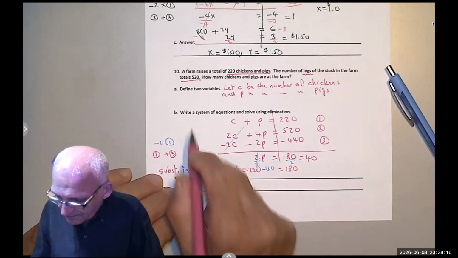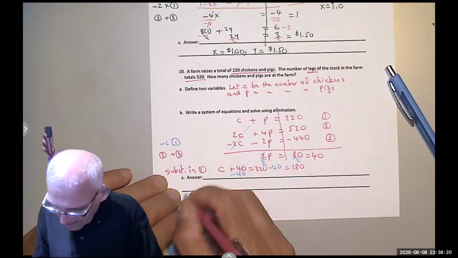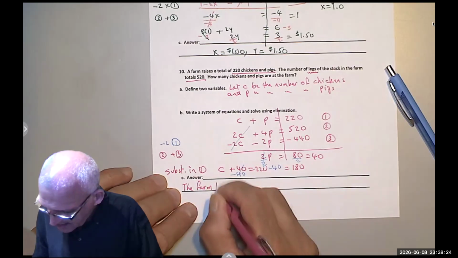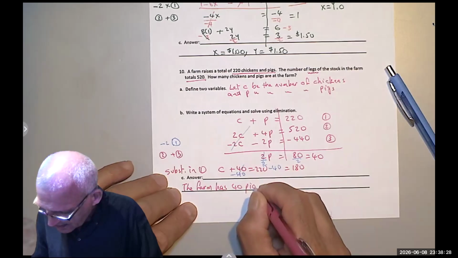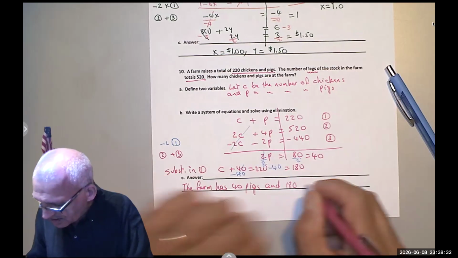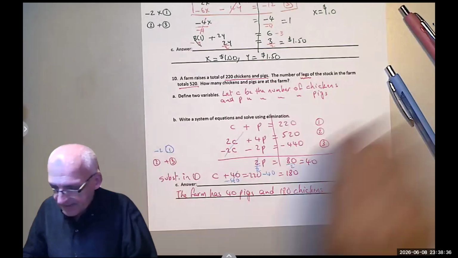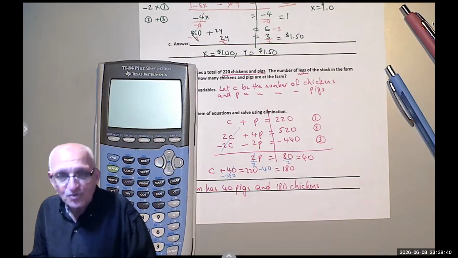So the farm has 40 pigs and 180 chickens. Now I can check either equation. Of course, 40 plus 180 is 220.